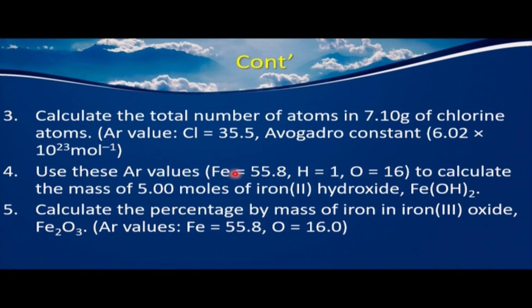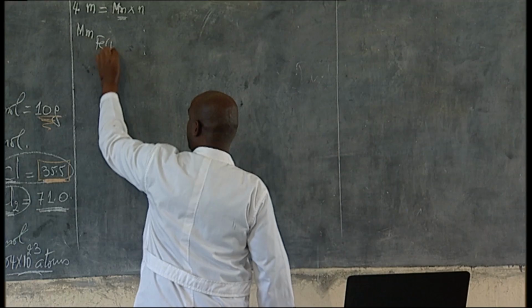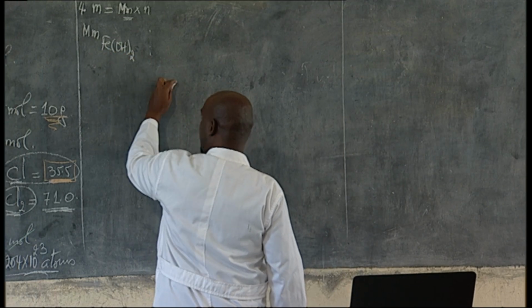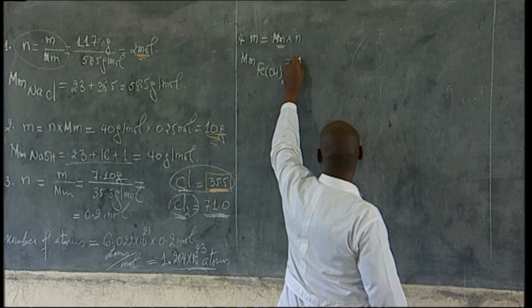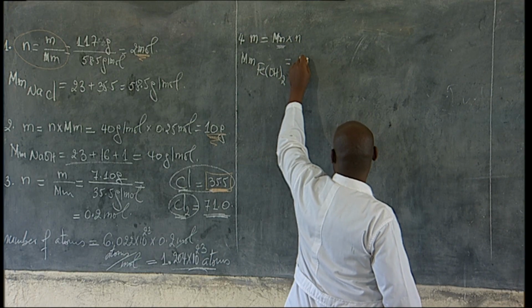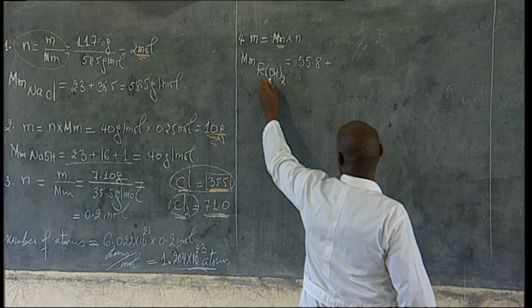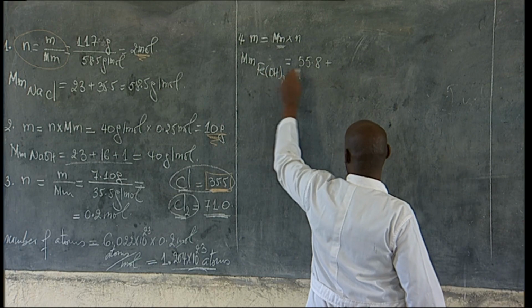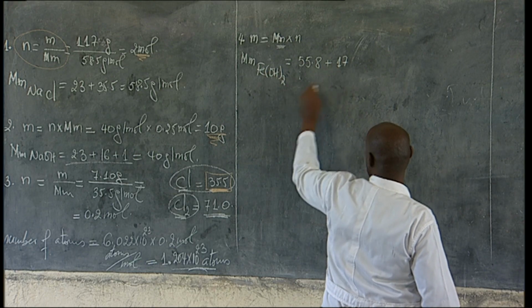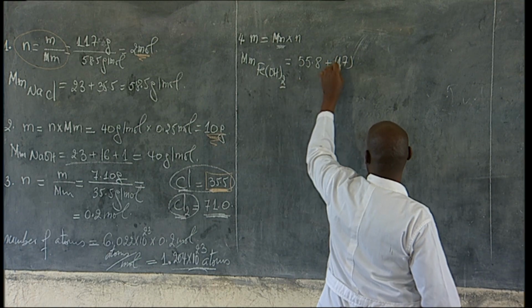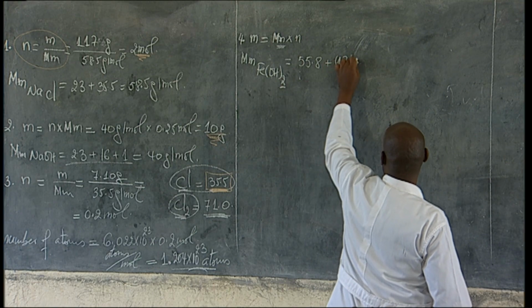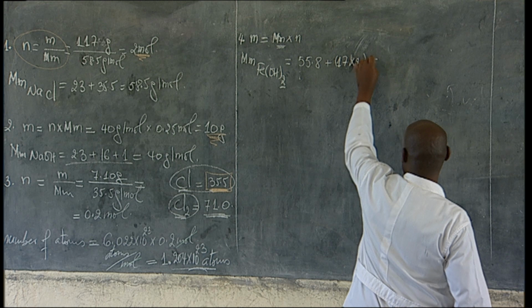So how do we get the molar mass of iron 2 hydroxide? We use iron, that is 55.8, plus 4 oxygen and hydrogen, it is 17, but you can see we have 2 of them, then 17 times 2, and we get what?